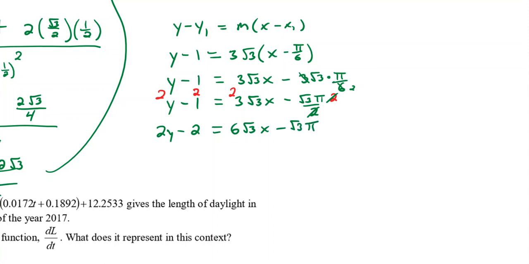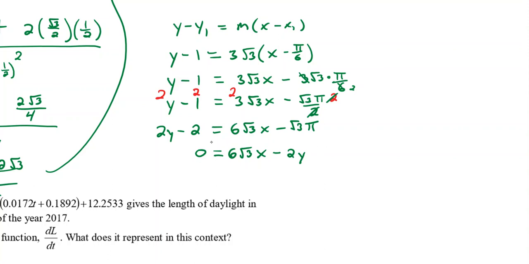Now we're pretty much there. So we just want to leave a positive x value. It's already positive over here, so I'll just leave it on the right side. Bring these two over to the right side. So we've got 0 is equal to 6 root 3 x, and then minus 2y.